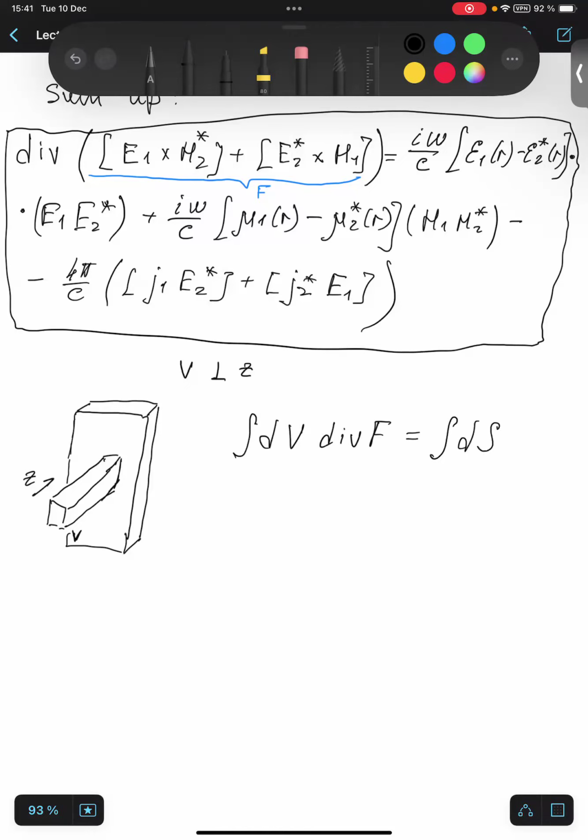First of all, we can write it as the surface integral of f over S. We can split it in several parts. For example, let this part be S1, and S2 be the opposite part of this volume.